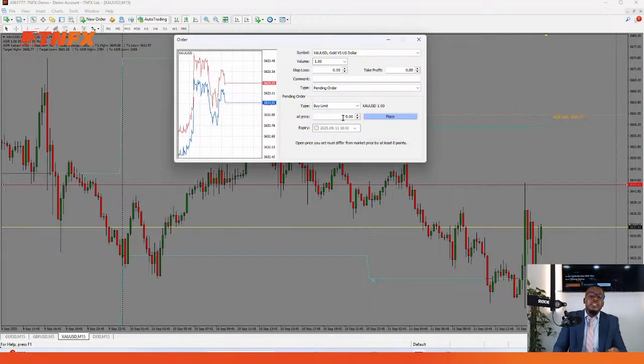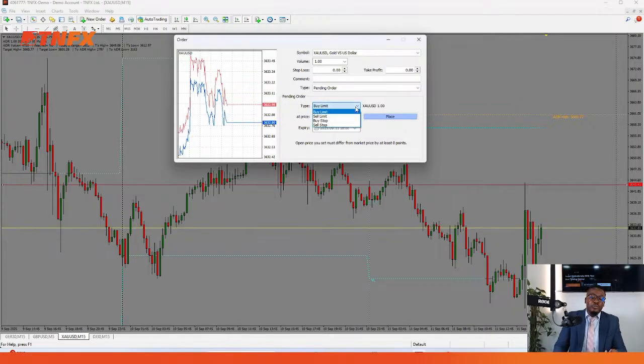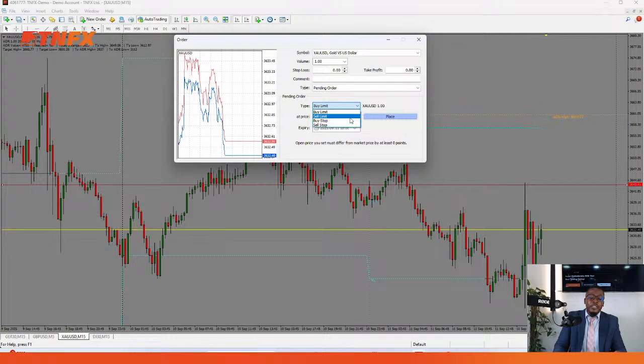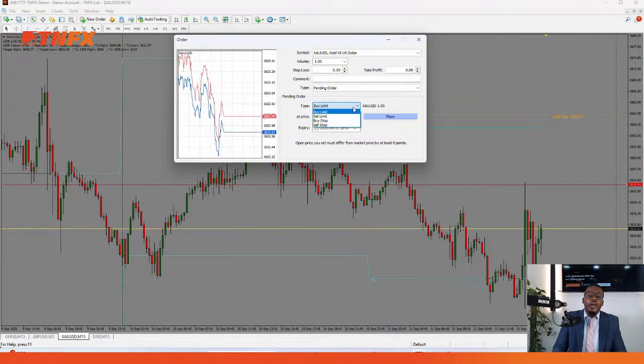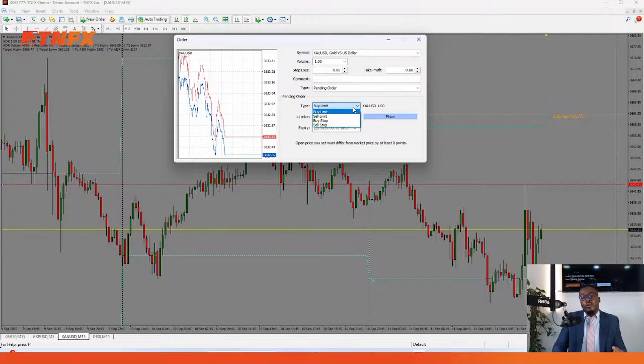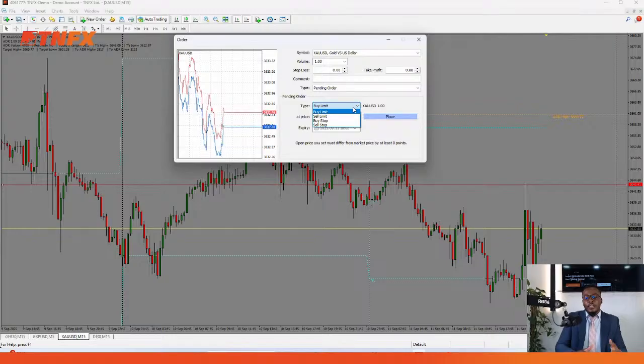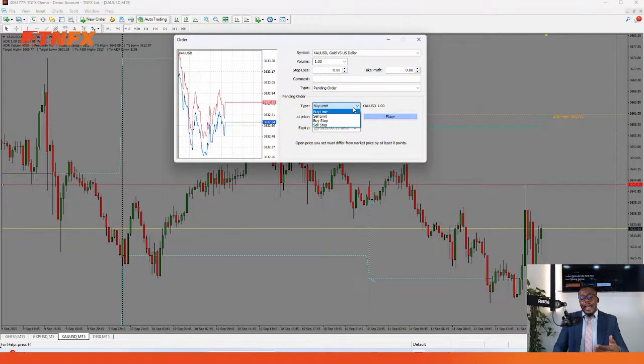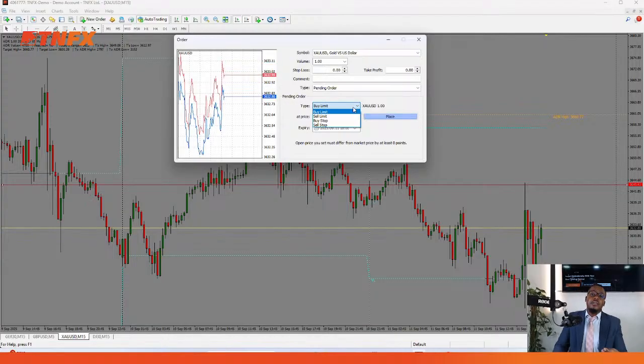Then from the pending orders, you've got different types, which are buy limits, sell limits, buy stop, and sell stop. You understand? So this is you taking advantage of the platform to say, okay, instead of me sitting there trading all the time, looking at the charts, waiting for an opportunity to come, I can literally just identify a certain price in the market.